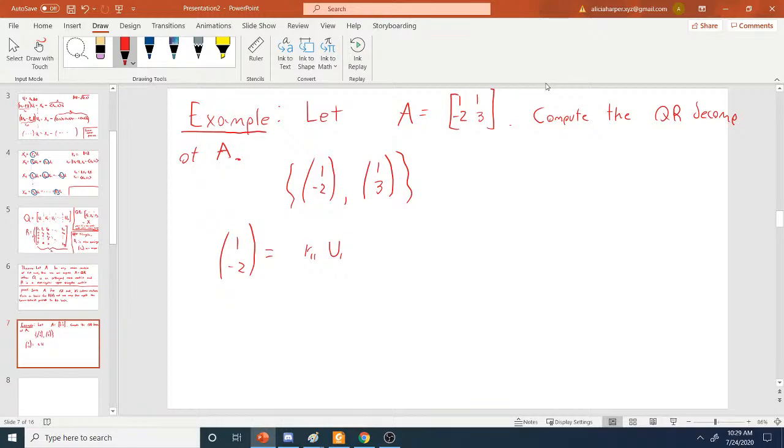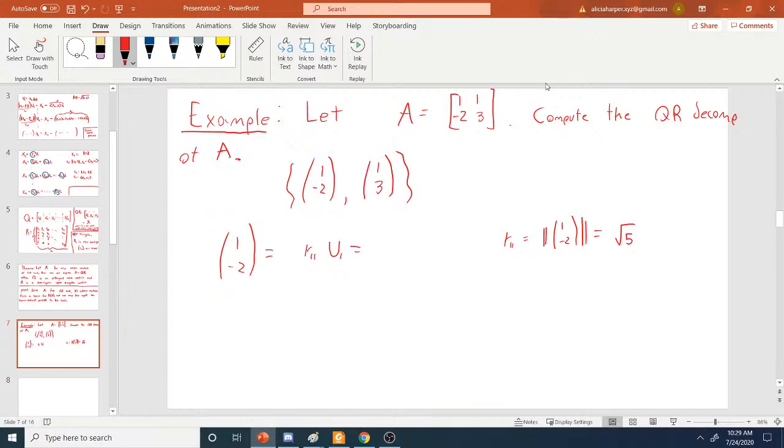And we know that U1 has to be an orthonormal vector, so it has to in particular have length 1. So R11 here is going to be the magnitude of this vector, which you can compute easily to be the square root of 5.